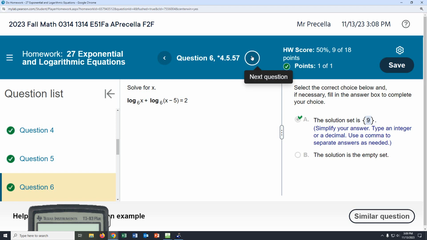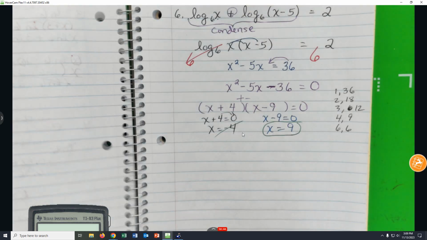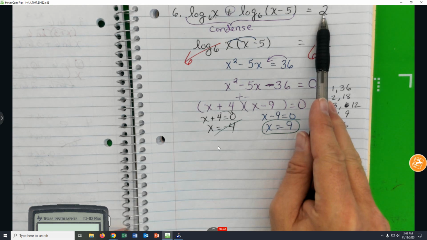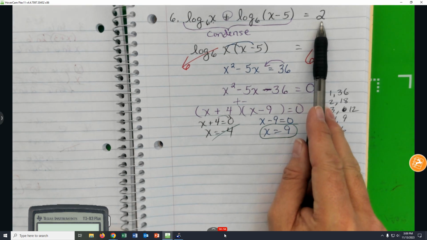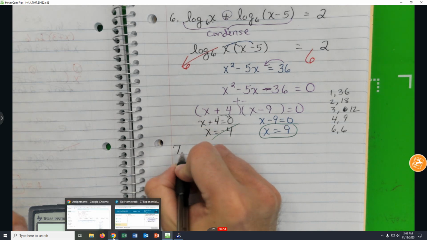Okay, good. So we know what to do if there's just one logarithm on the left and one number on the right. We know what to do if there's 2 logarithms on the left and a number on the right. Well, what do we do if there's a logarithm on each side?